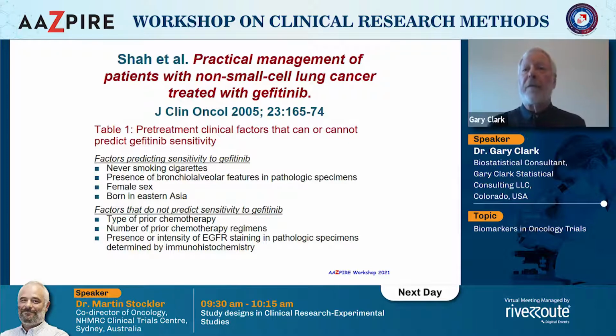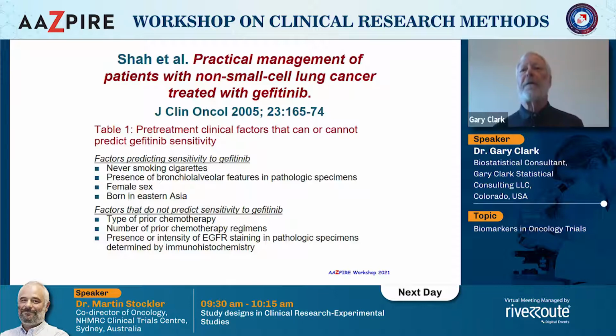However, the type of prior chemotherapy, the number of chemotherapy regimens, and perhaps a little surprisingly, the presence or intensity of EGFR staining by immunohistochemistry did not predict sensitivity to gefitinib.